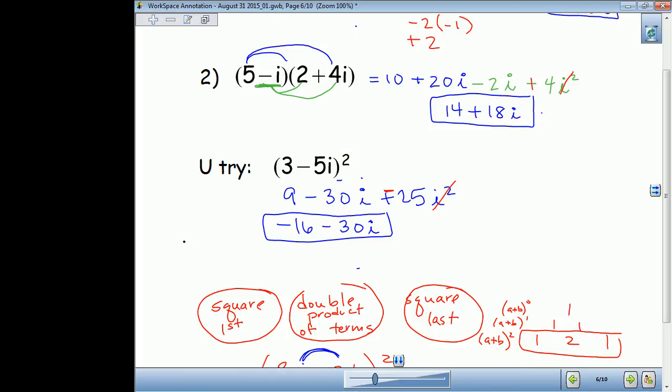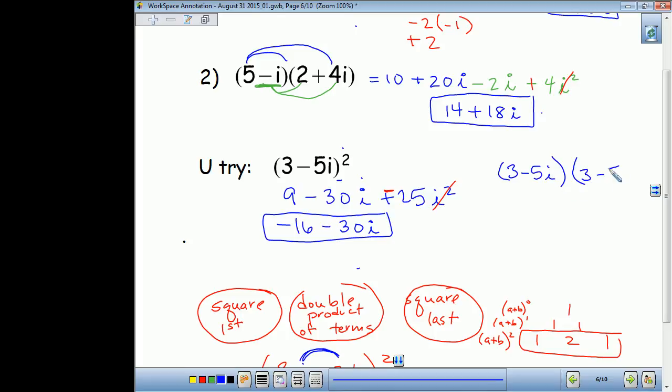Let's write it out twice and take a look at it this way, and maybe it'll be a little more clear. If you write it out twice and you just distribute, you can certainly do that.